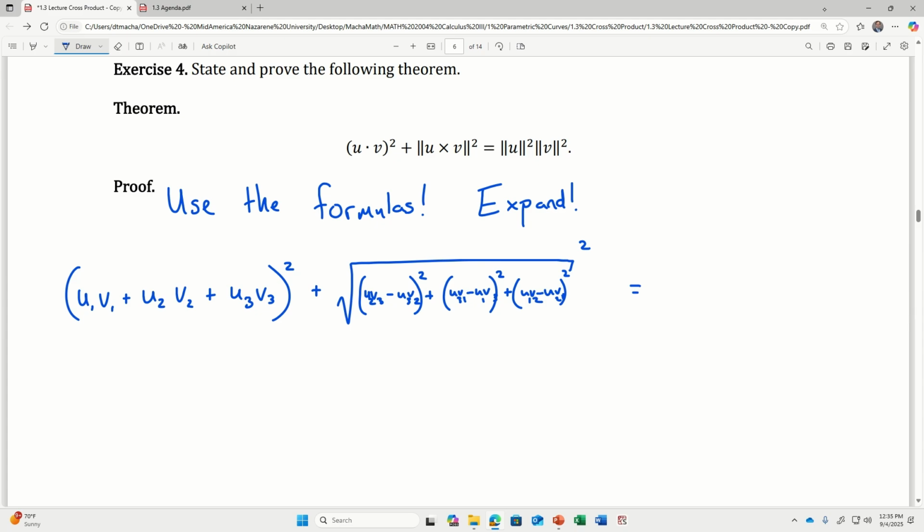Squared, that's the norm squared. And then the norm of u squared would be u1 squared plus u2 squared plus u3 squared times the norm of v squared, which is v1 squared plus v2 squared plus v3 squared.